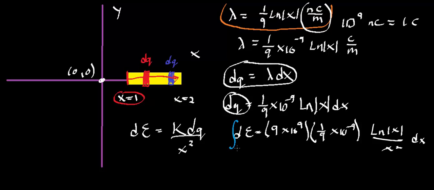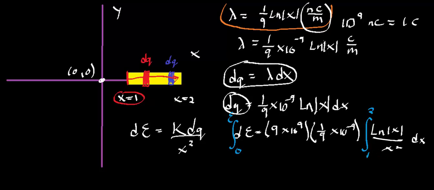We'll integrate dE from 0 to E, and that's just going to give us the total electric field. All this stuff over here is a constant. We'll deal with it in a minute, but we're essentially going to be integrating this function, ln of x over x squared dx. And in this problem, the smallest value of x for the rod is 1, the largest value is 2, so our integral is going to be from x equals 1 to x equals 2.